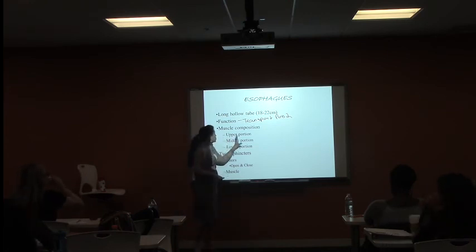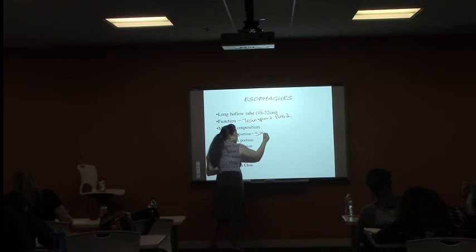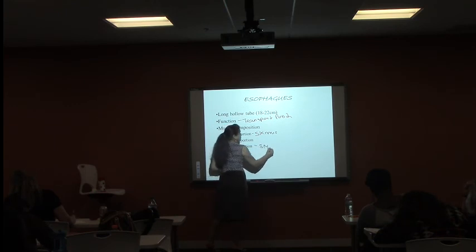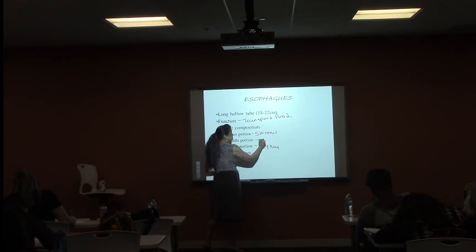Now, it has three different muscle compositions. In the upper portion of the tube, you find skeletal muscle. In the lower portion of the esophagus, you find smooth muscle. And in the middle portion, you find both muscle types.